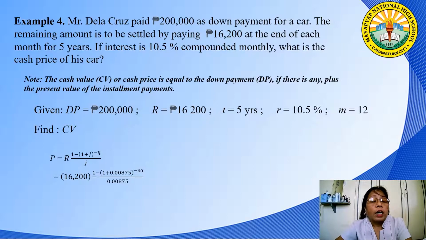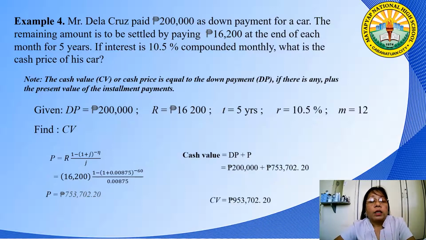So that's why we have this value 0.00875 for the value of j. So P is equal to 753,702.20 pesos. To find the cash value, since there is a down payment, you add the down payment plus the present value, so that the cash value of his car is 953,702.20.